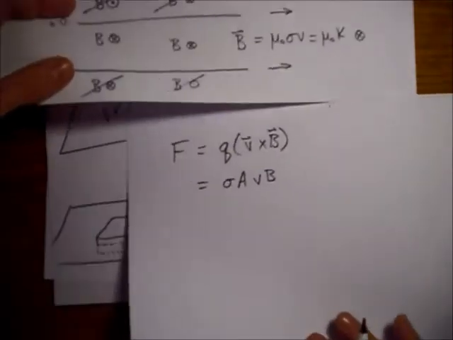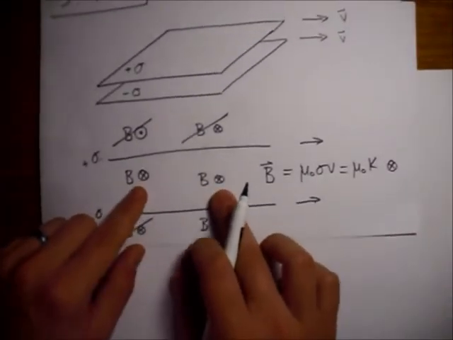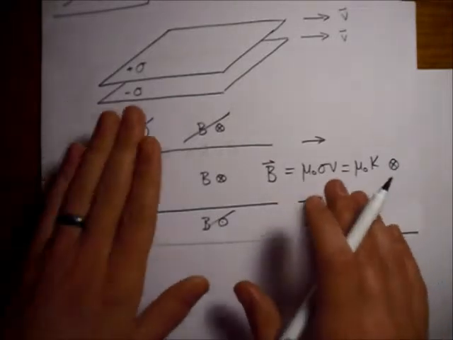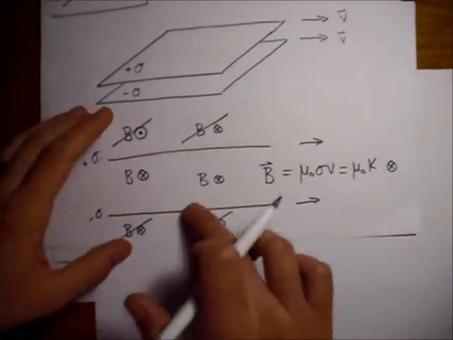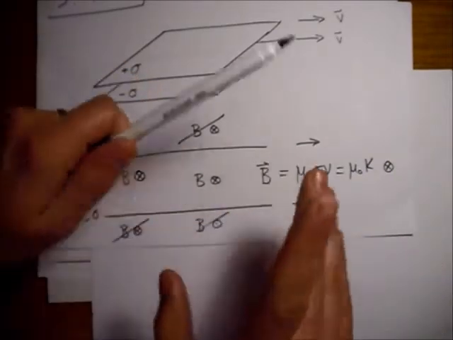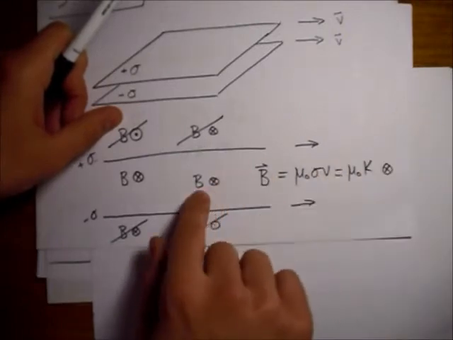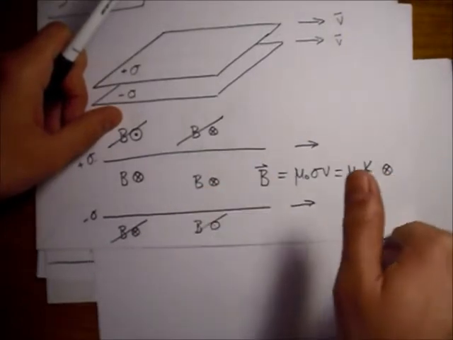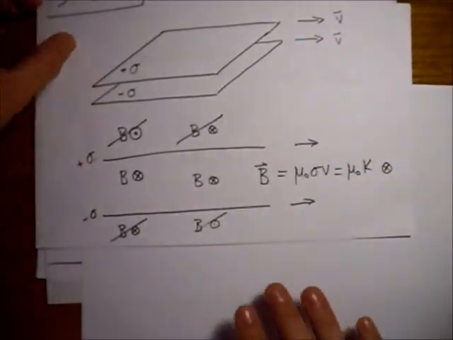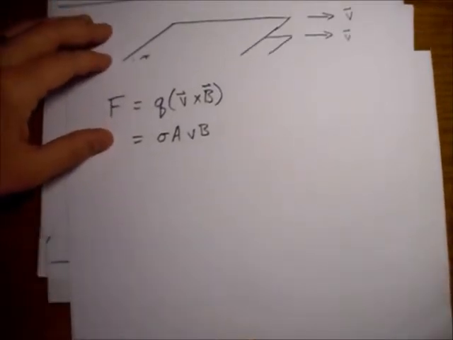Let's just double check our V cross B. So in between the plates, we said the field is pointed inward, and that's also the same, of course, if we're only looking at the field from the bottom plate. So if V is going this direction and we cross it into the page, our thumb points upward, which is repelling. So this is a repelling force.